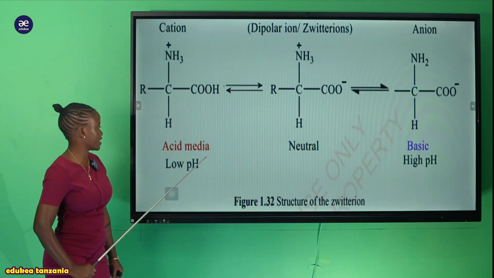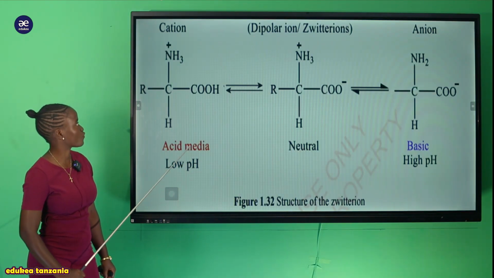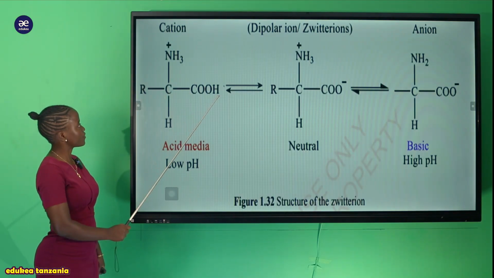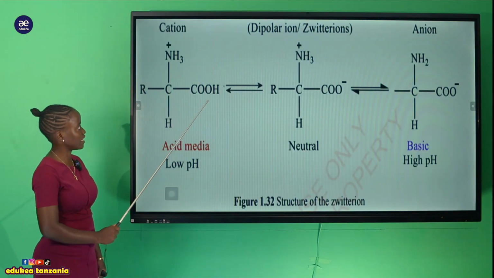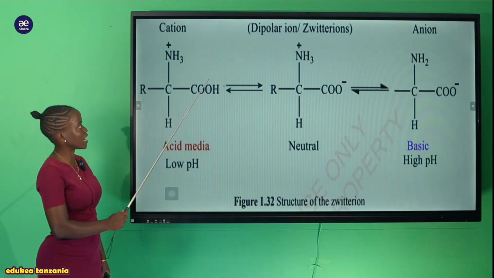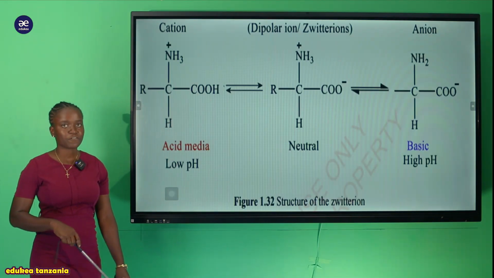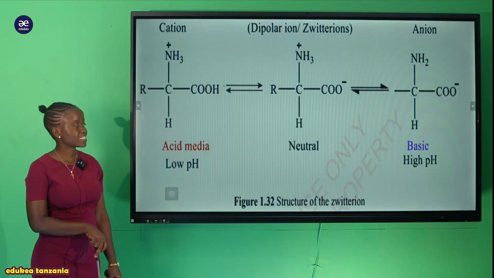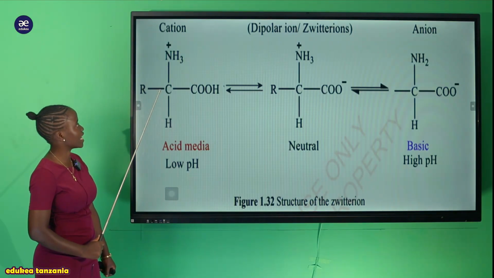But in acidic media, where there is low pH, this side of the carboxyl group tends to accept hydrogen. That is in the acidic media.